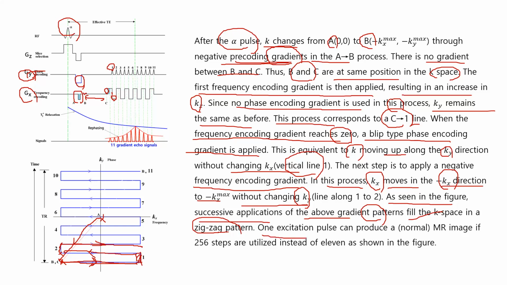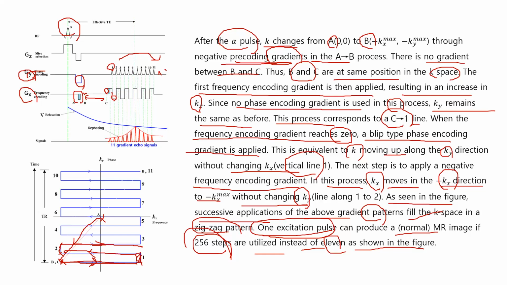So one excitation pulse can produce an MR image if 256 steps are utilized instead of 11 as shown in the figure. So we are using 11 for simplicity of the figure, but we can use 256 steps.